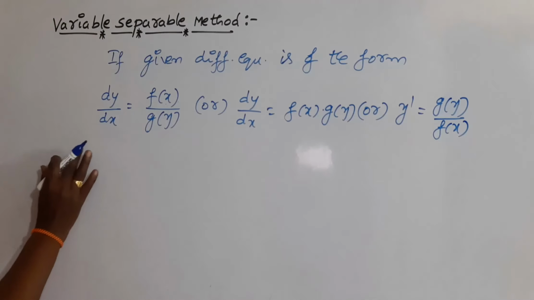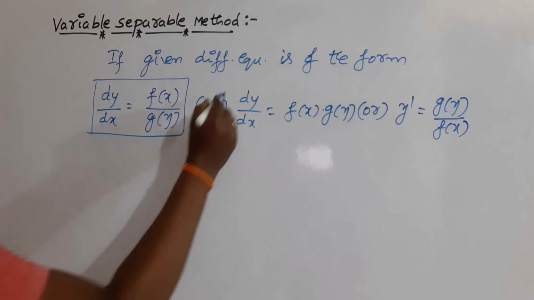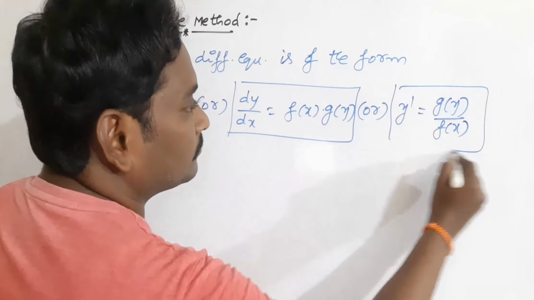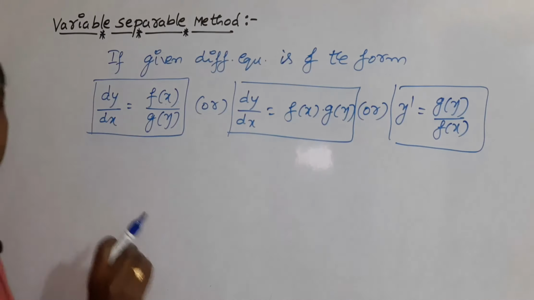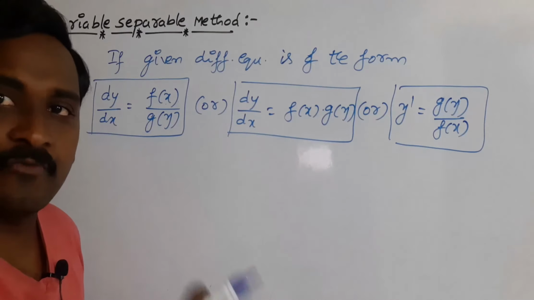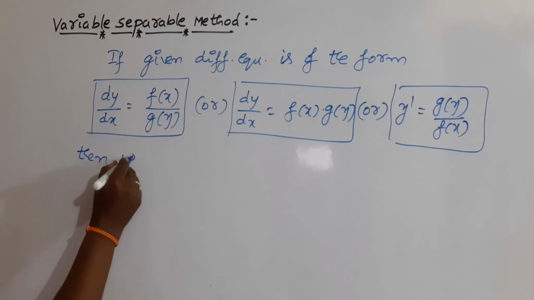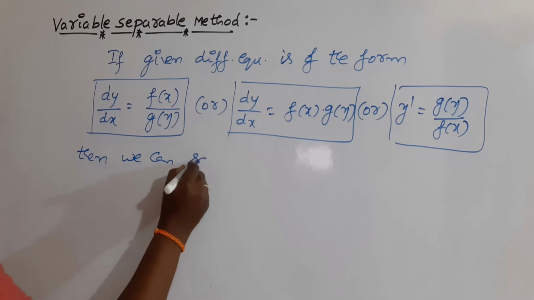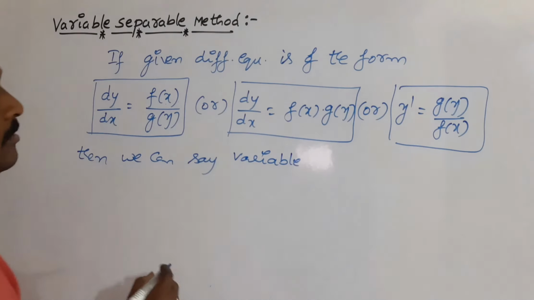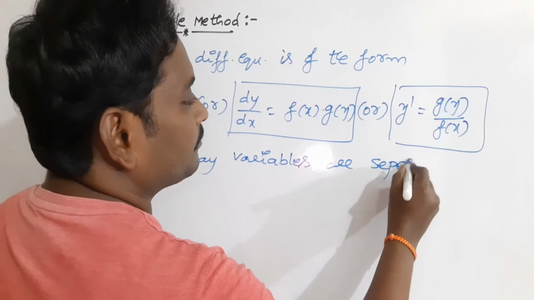Look at the forms of the given differential equation. It may be in this form, otherwise in this form, otherwise in this form. Here f of x means a function in terms of x only, g of y means a function in the variable y only. Then we can say variables are separable.